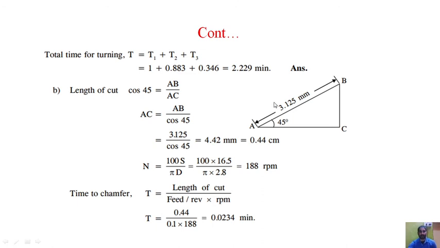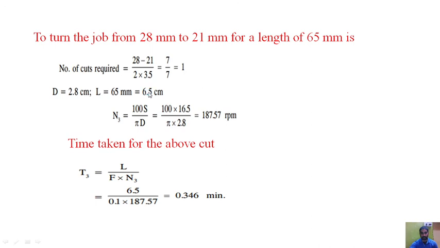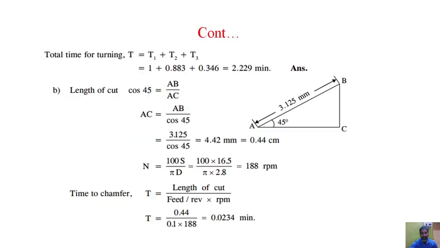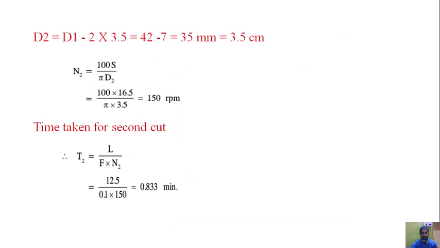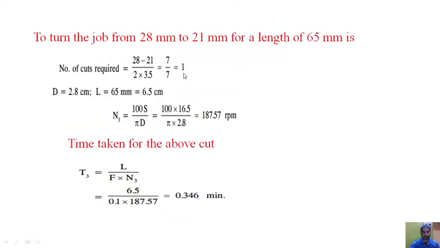Time for chamfer. So you have to take this as a right angle triangle. This angle is given here. 3.2, this. So they have given directly the length of the chamfer here.